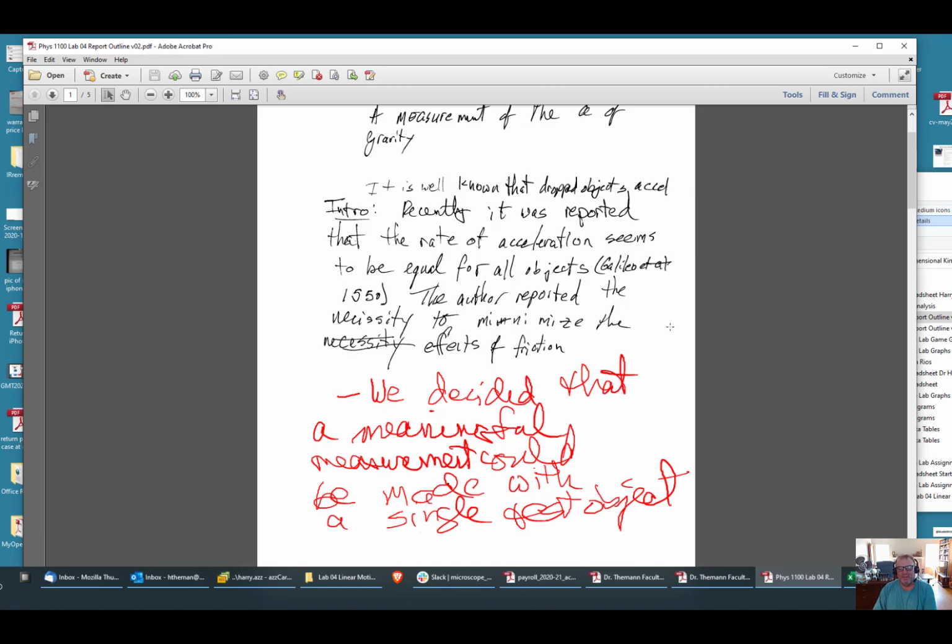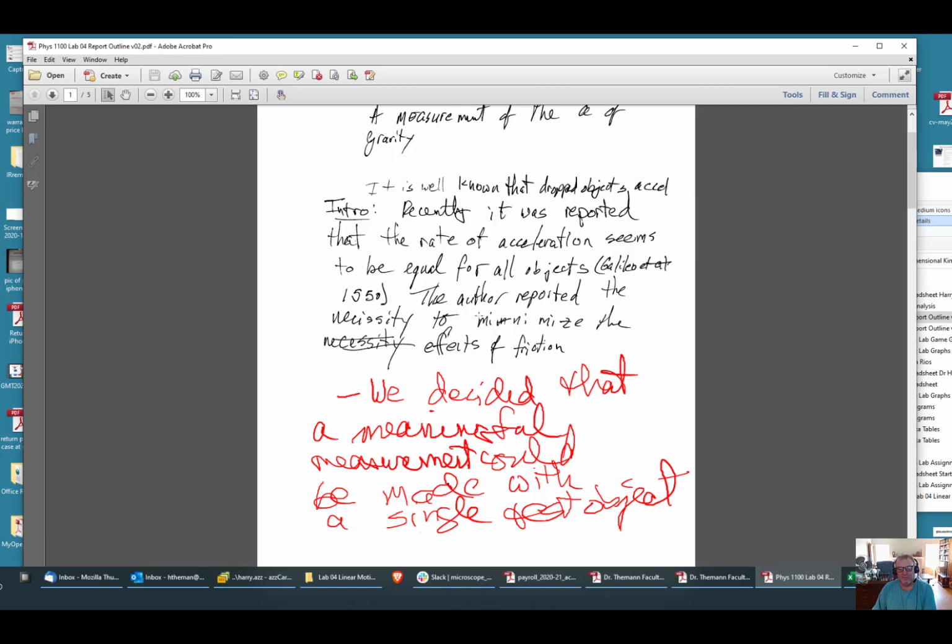Another way you could say it is that any pair of objects dropped from exactly the same height will hit the ground with the same amount of velocity, or same amount of violence, or same amount of speed. Yeah.